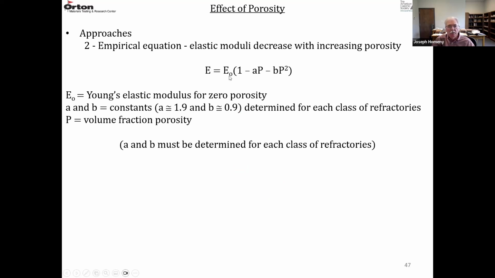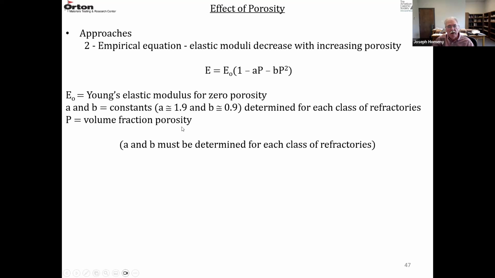This is another empirical equation showing the moduli decrease with increasing porosity. So in this one, E equals E0 times (1 minus A times P minus B times P squared). Again, E0 is the elastic modulus for a material without any porosity. So A and B are constants.